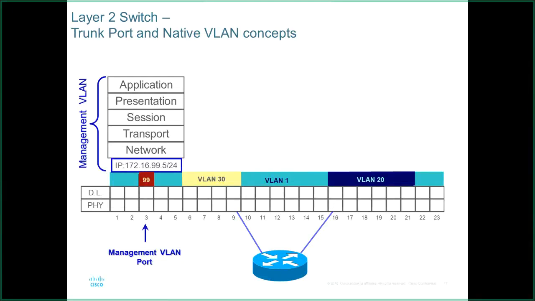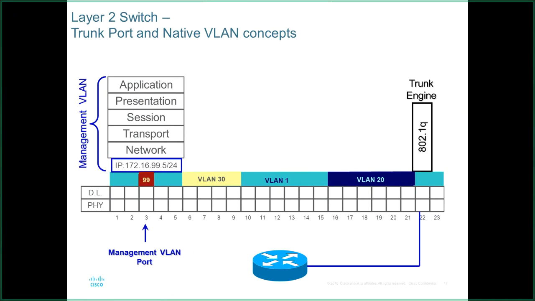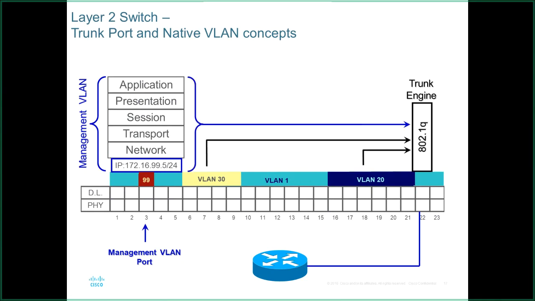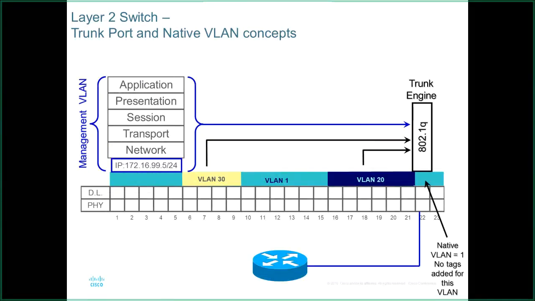And then with trunking, we can get rid of the individual cables and replace it with a trunk. And that trunk line can now handle traffic for all of our VLANs. And we define which is the native VLAN, which has no tags, and all other VLANs are tagged across that trunk.